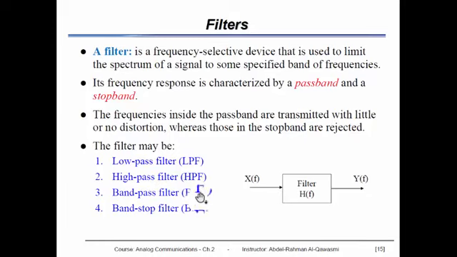Band pass filter is mainly used for modulated signals that are shifted in the frequency domain, and now these signals have a limited frequency from one limit to another limit of frequency and so on.